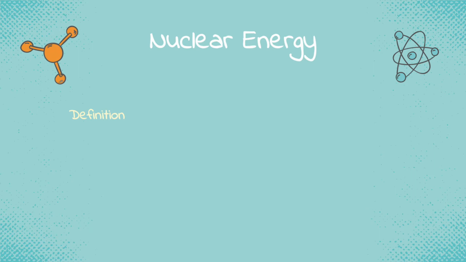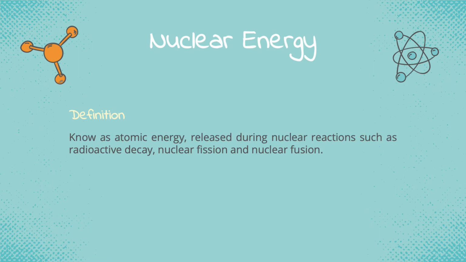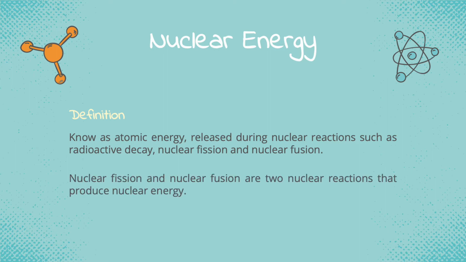Let's go to the definition of nuclear energy first. Nuclear energy is known as atomic energy released during nuclear reaction, such as radioactive decay, nuclear fusion, and nuclear fission. Nuclear fission and nuclear fusion are two nuclear reactions that produce nuclear energy.